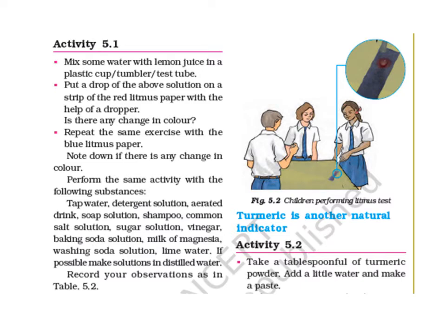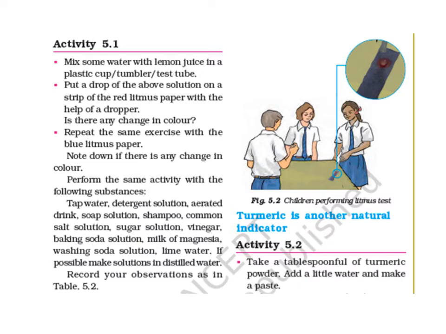So both litmus papers will not give any reaction with the sugar solution. Again, it will not give any reaction with water also. So what can we conclude here? The conclusion will be that the given substances, that is water or sugar solution, both substances are neutral in nature, means they are neither acidic nor basic in nature.